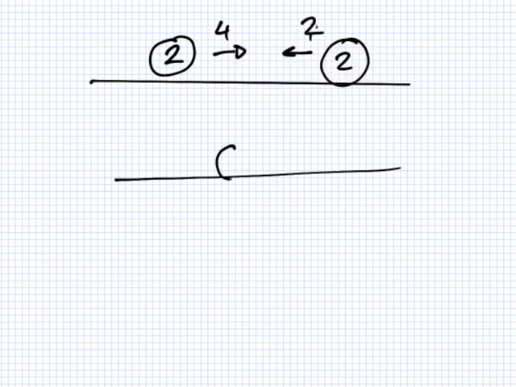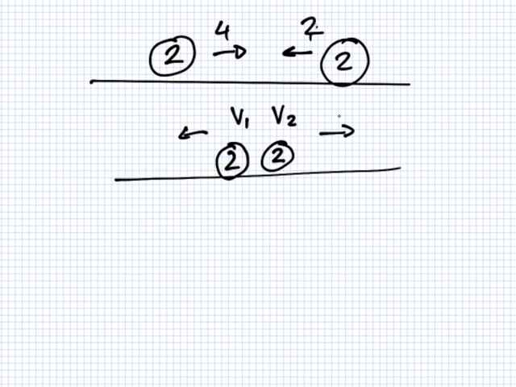After the collision, I don't actually tell you if they stick together or not, do I? They might stick together, they might not. You don't actually need to know, because we'll say this is a 2 and this is a 2, and afterwards we'll call the speeds V1 and V2.